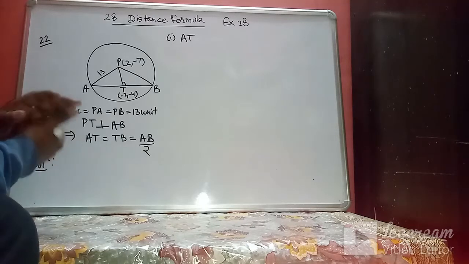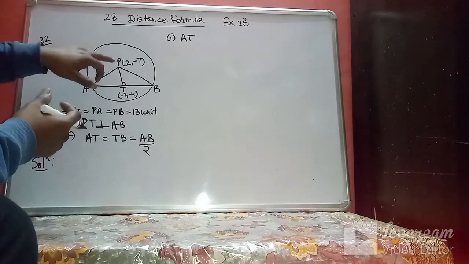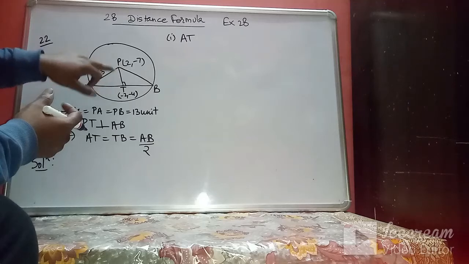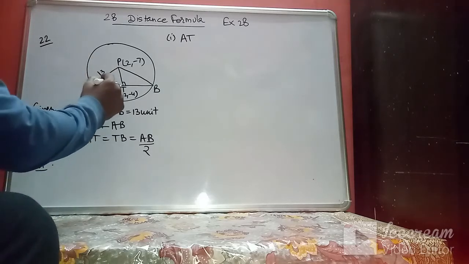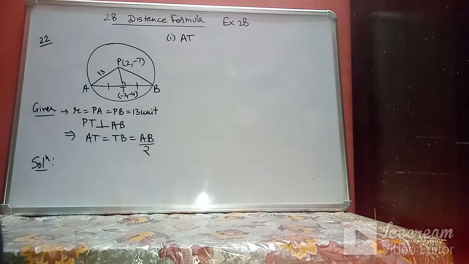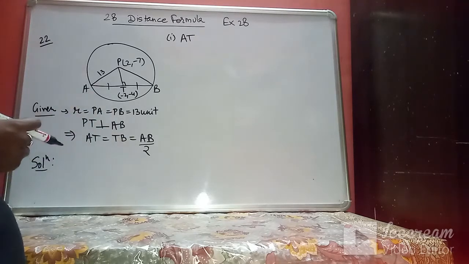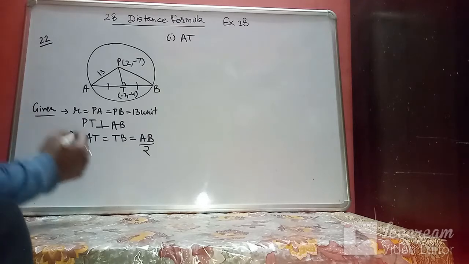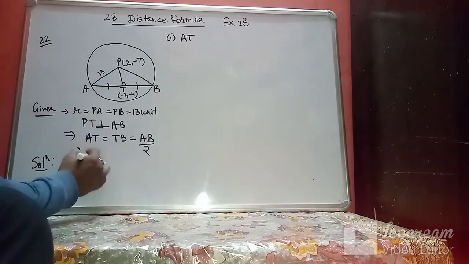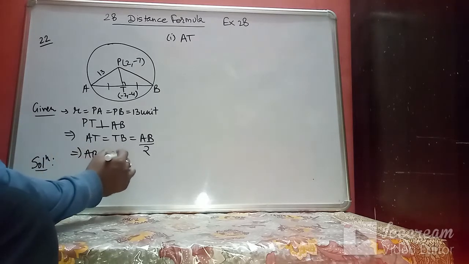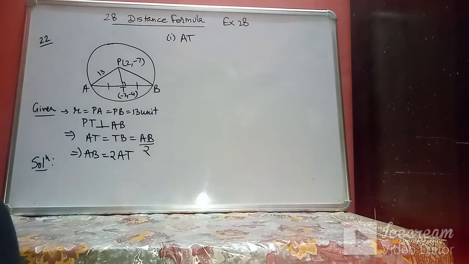Now in a circle, if we drop a perpendicular from the center to the chord, it will always bisect the chord. That means AT will be equal to TB equal to AB by 2, or we can say that AB will be equal to twice of AT.